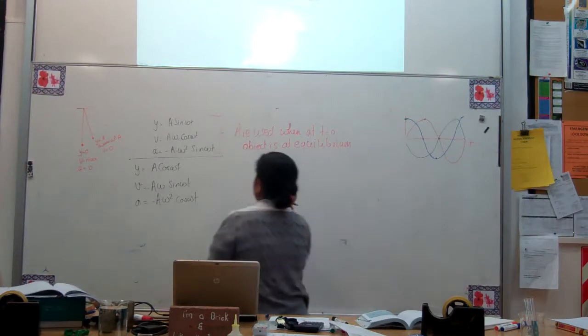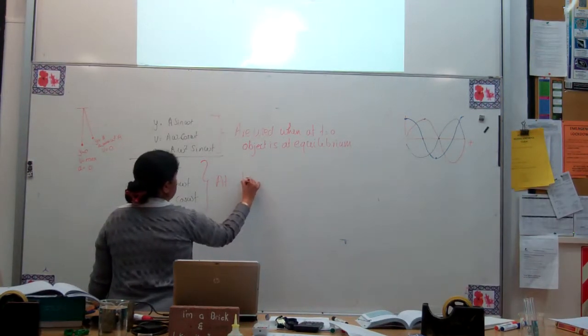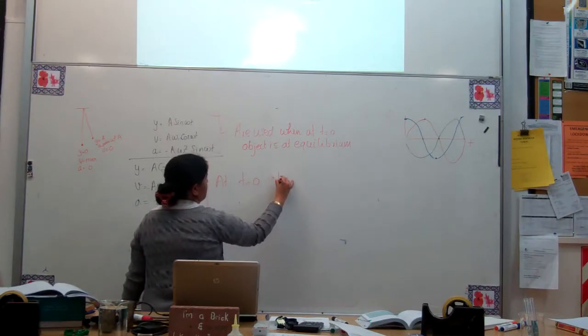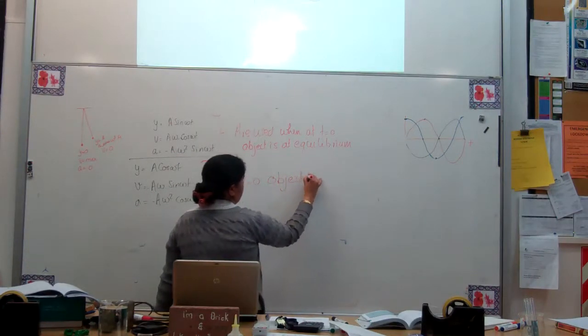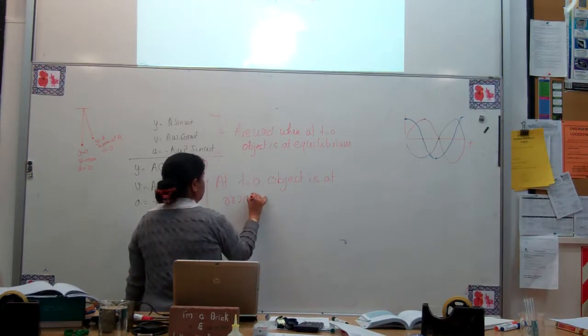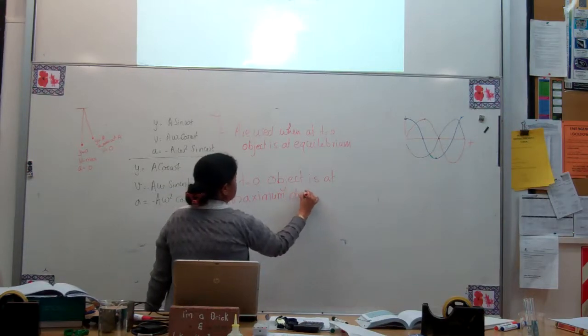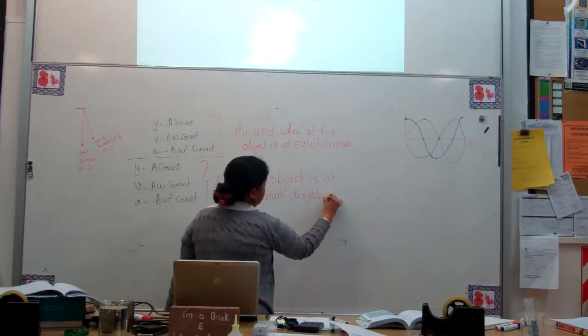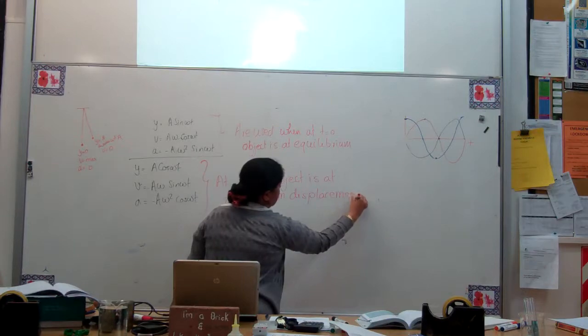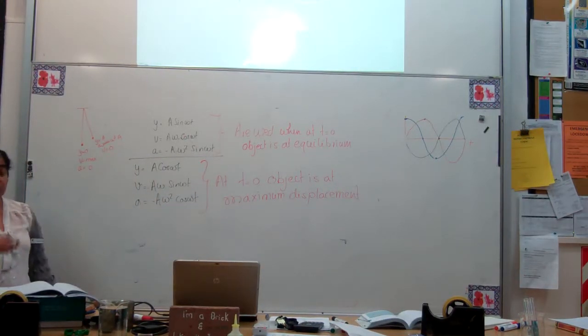And the bottom 3 we use at t equals 0, object is at maximum displacement. Okay, that's the difference between the two.